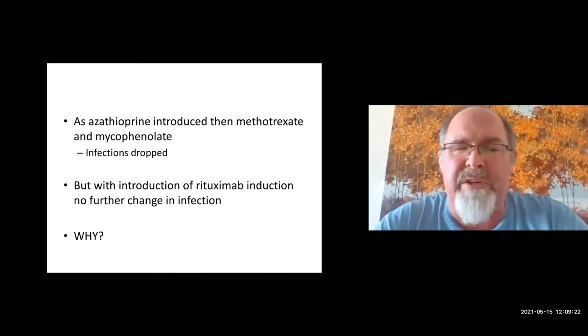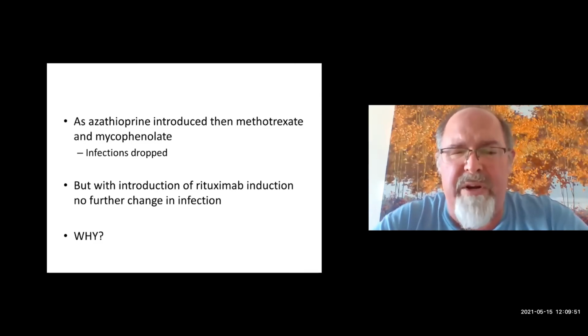And through the 80s and 90s, there were many studies that concluded that other drugs could be used instead of cyclophosphamide, either as a maintenance, i.e. long-term agent, or in some individual and perhaps somewhat limited forms of vasculitis, methotrexate and mycophenolate could be used. But with the introduction of rituximab, whilst there was a perhaps benefit, compared to cyclophosphamide, there was no further change.